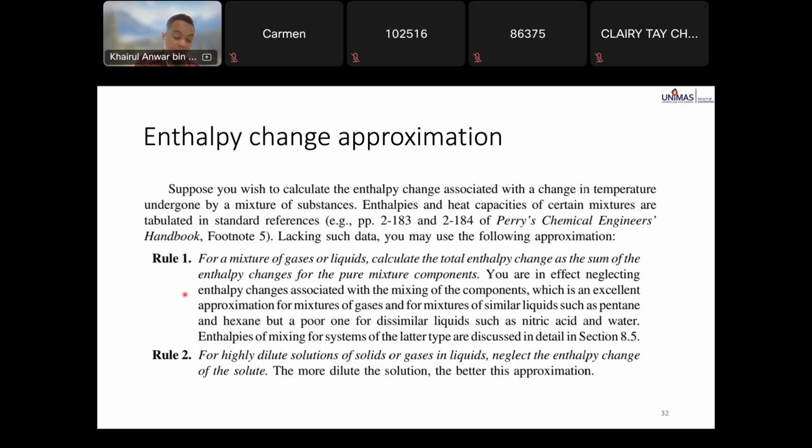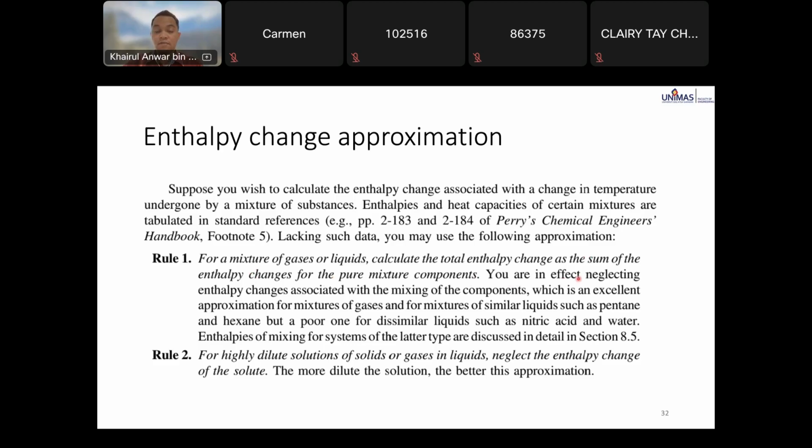Rule number 1. Previously, you learned Kopp's rule. This is another method. Rule number 1, for a mixture of gases or liquids, calculate the total enthalpy change as the sum of the enthalpy changes for the pure mixture components.